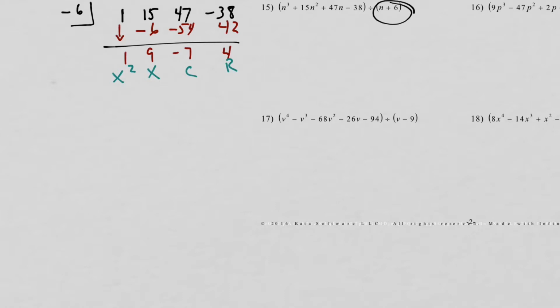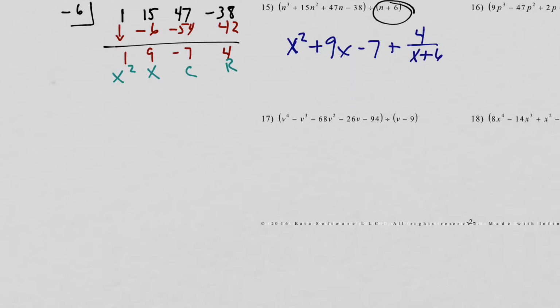end result to this product, or I'm sorry, this quotient, is 1x squared, or you can again just write x squared, plus 9x minus 7, and then what you'll do is you'll say plus the remainder, but we're going to say 4 over x plus 6.